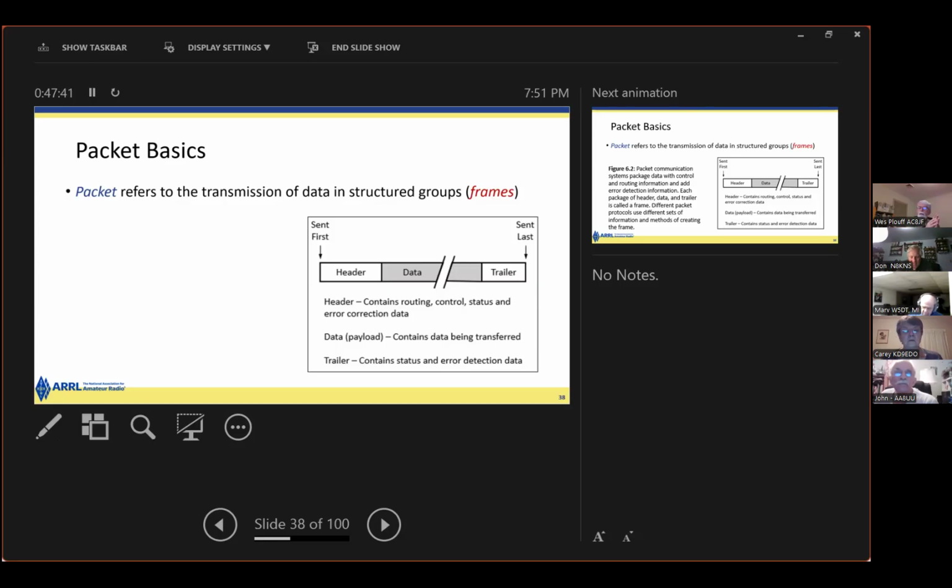The idea is that the software that you use to transmit these signals adds the header and the trailer to the data segment. And also, if you have a lot of data, let's say you want to transmit a page from War and Peace, which is a couple thousand characters, the software will break it down into shorter packets that can be sent more reliably over the radio.